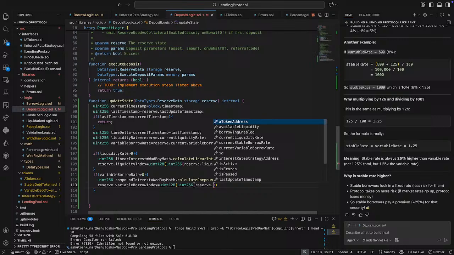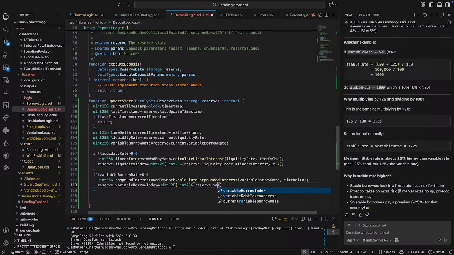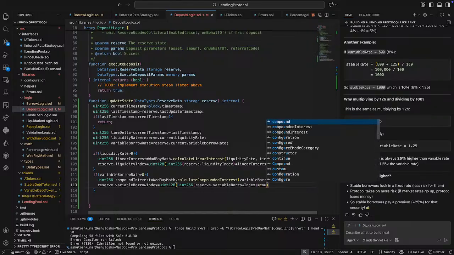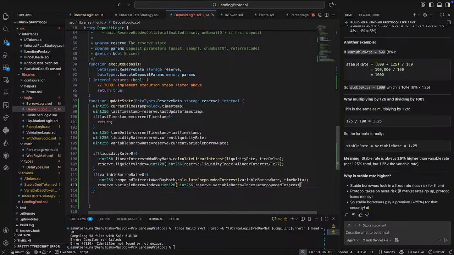What's the, instead of variable borrow index, into whatever is my linear interest and compound interest, and all these things should be divided by 1e to the power 27, 1e27, this whole thing.